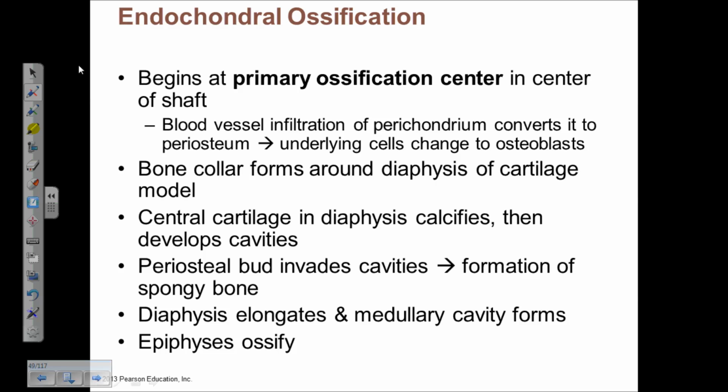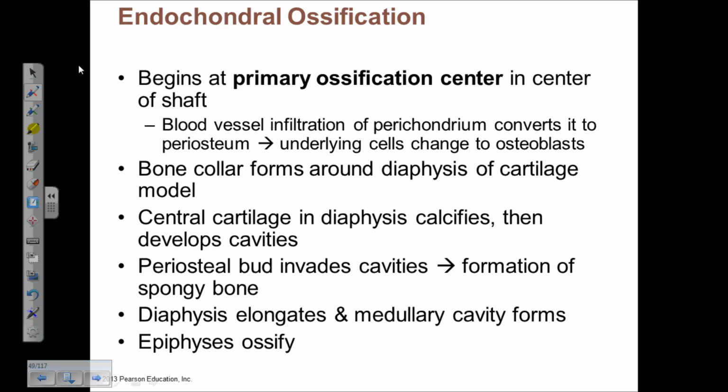I'm going to use that as a model, although it's not a correct model. Eventually, blood vessels will get inside of the perichondrium. Imagine this is the cartilage. I know that's an awful illustration. Cells in the perichondrium will be changed from chondrocytes to chondroblasts.